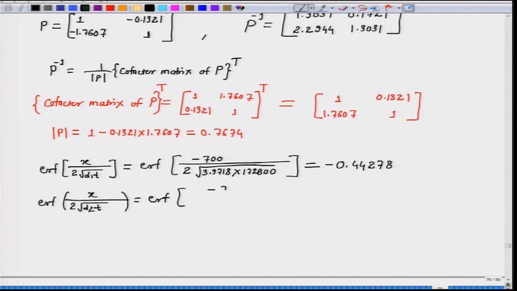The second error function term is error function x over 2 root d2 t, d2 is the second eigenvalue. So, we can write minus 700 divided by 2 square root of 2.2282 times 172800.